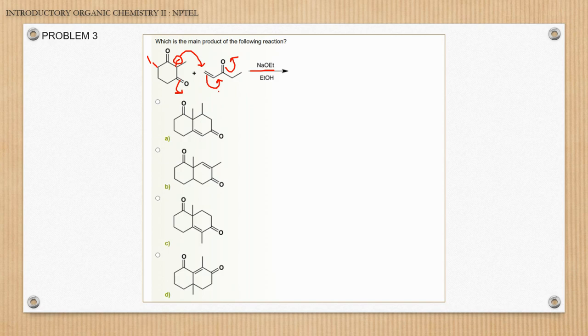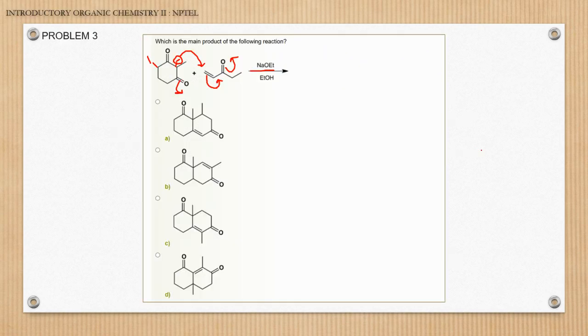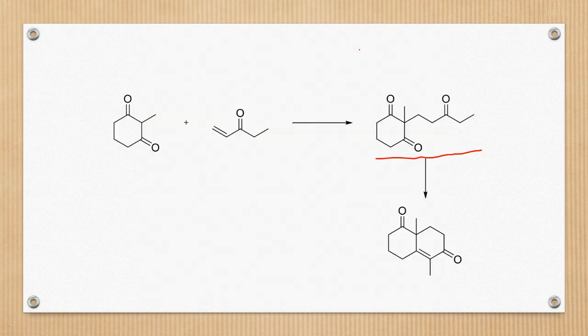Now what will happen? This much you have arrived at, right? Now, in the same pot you already have excess of base present. So now tell me, there are two acidic protons, basically here and here, 1 and 2.